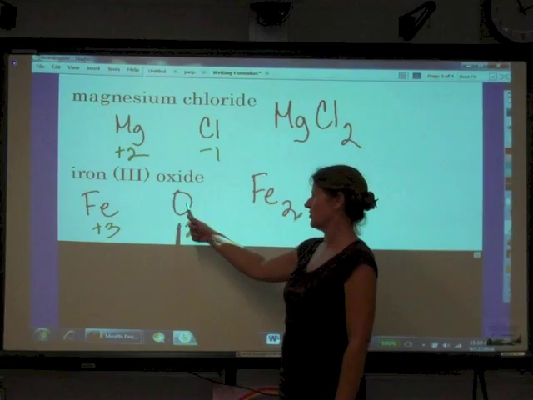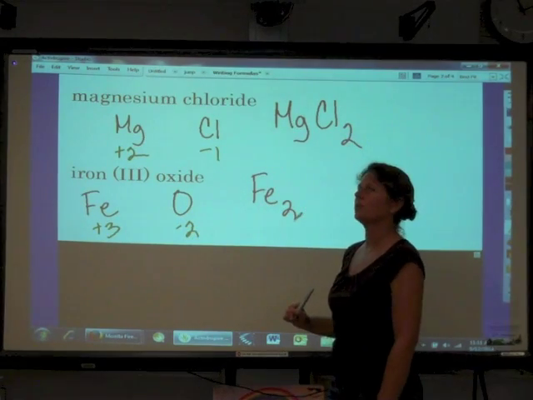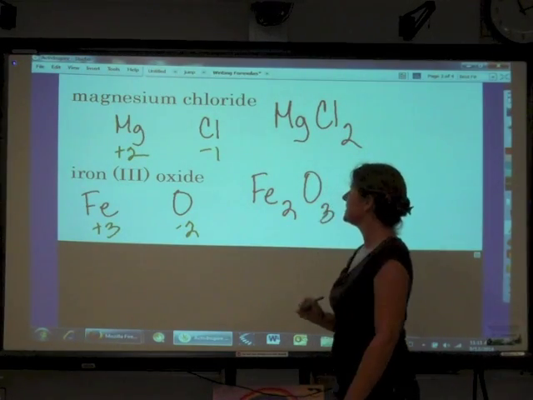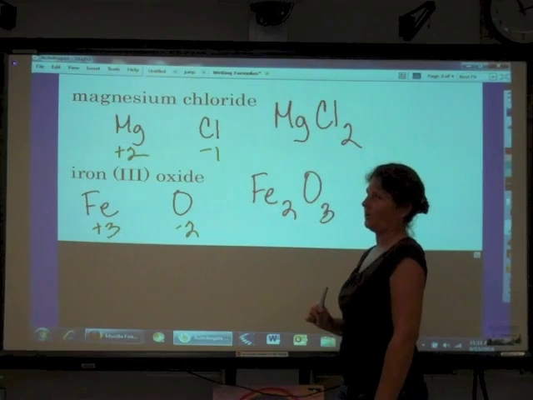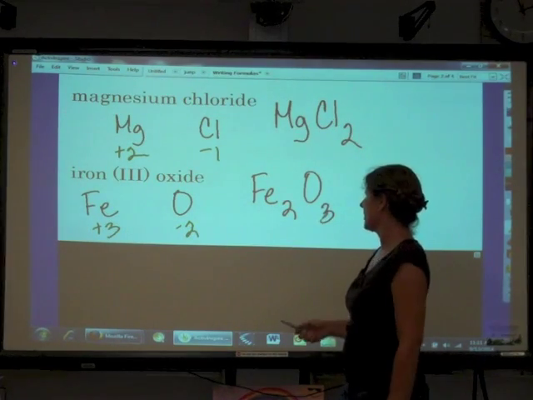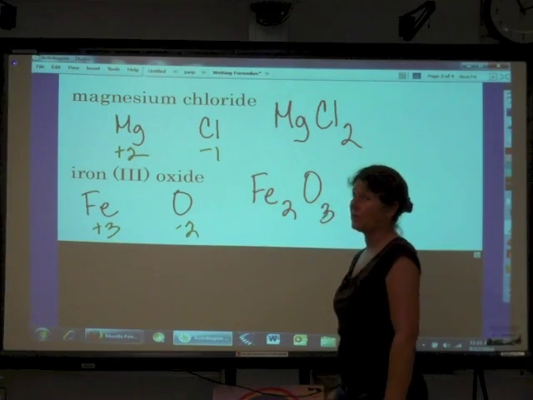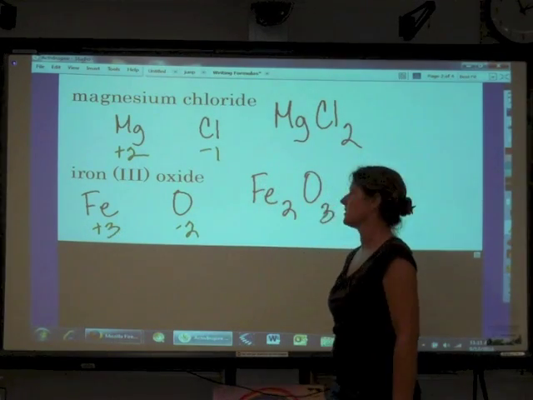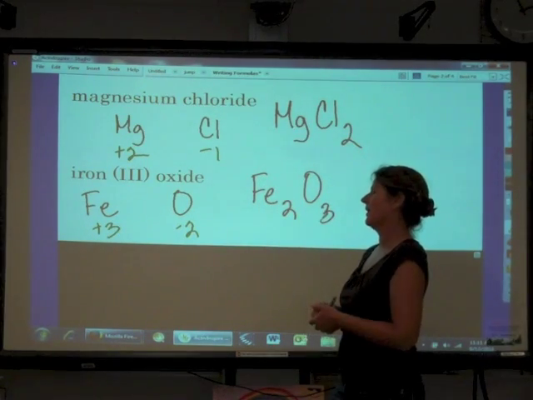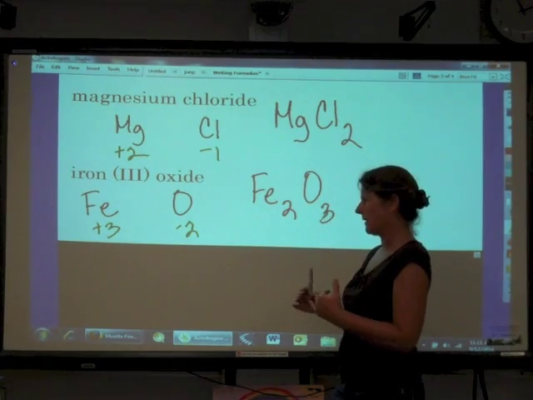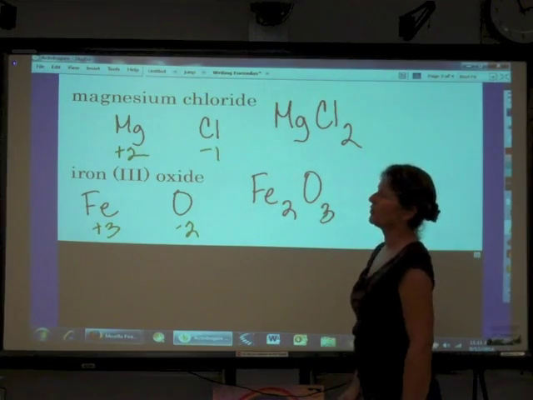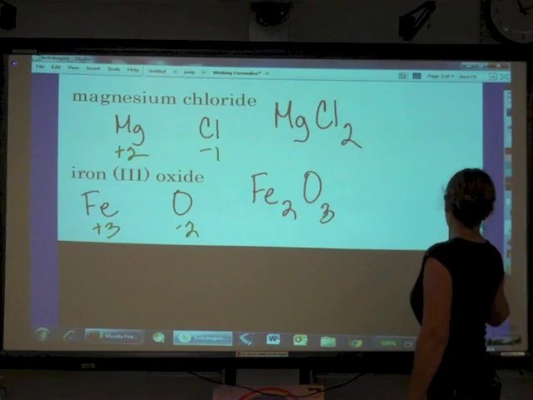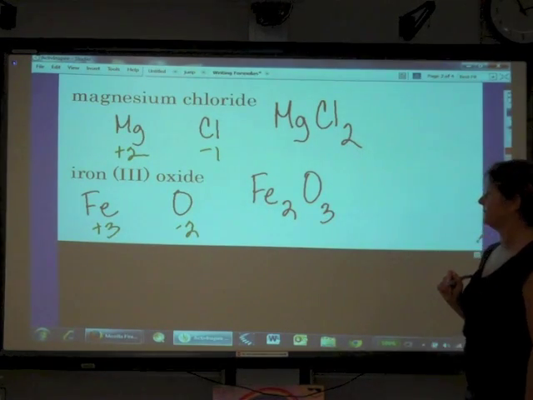And for the oxygen here, negative 2 times 3 is negative 6. And so that's going to balance the 2 out, right? If I have 3 times negative 2, that's negative 6. If I have 2 times positive 3, that's positive 6. And so my cations and anions balance. I'll show you a little trick once we've done this for a little while. A shortcut for it, but I don't want to do that yet.